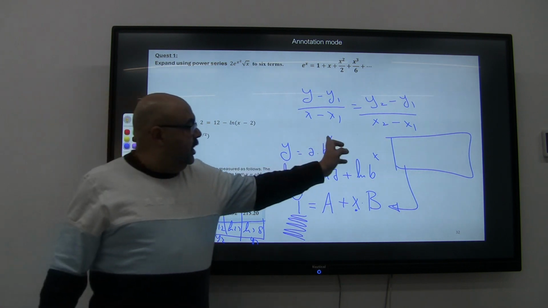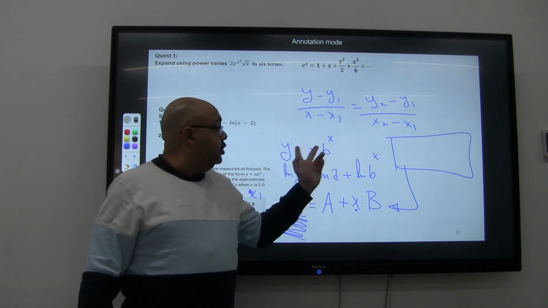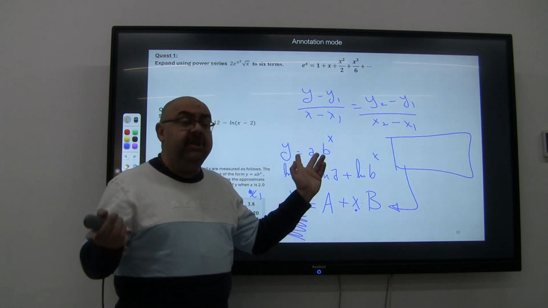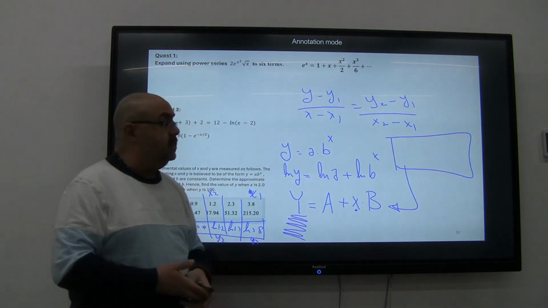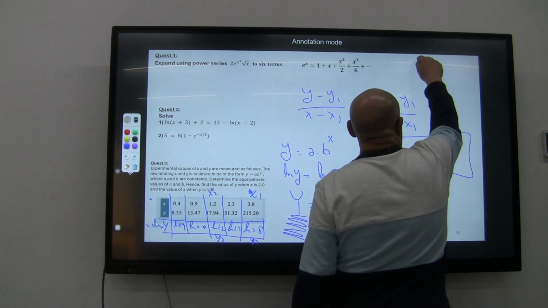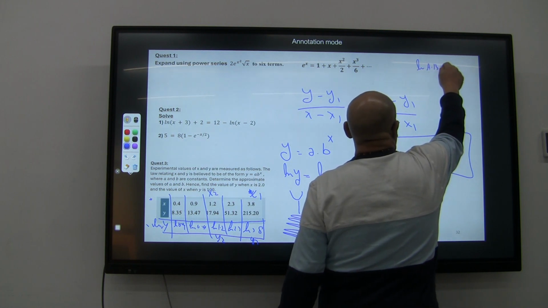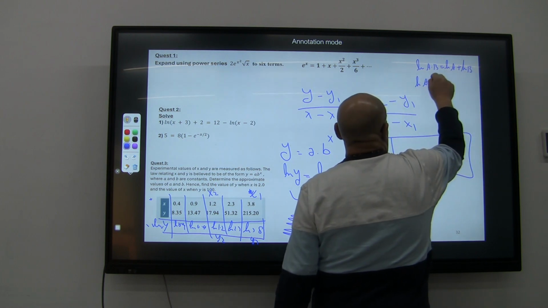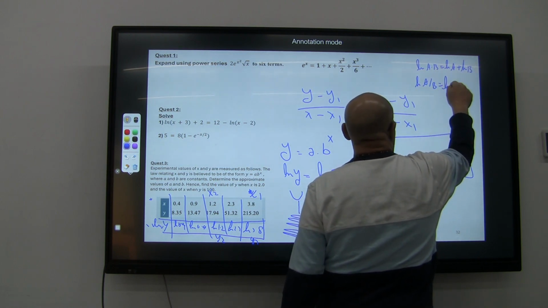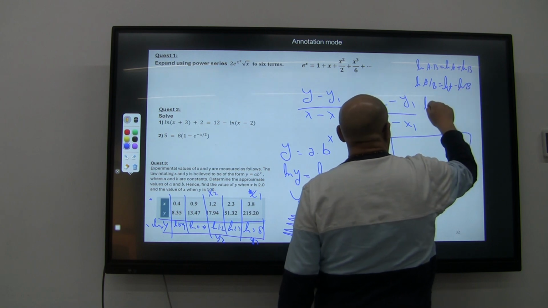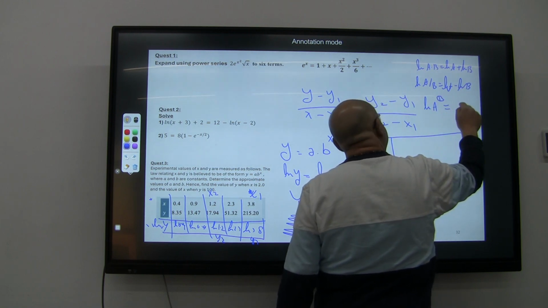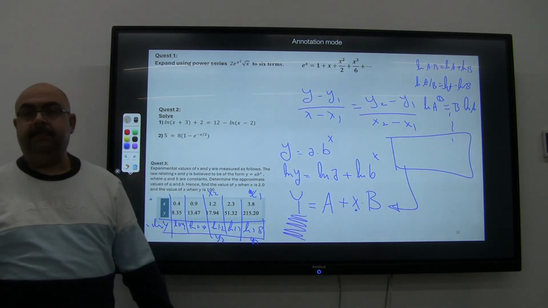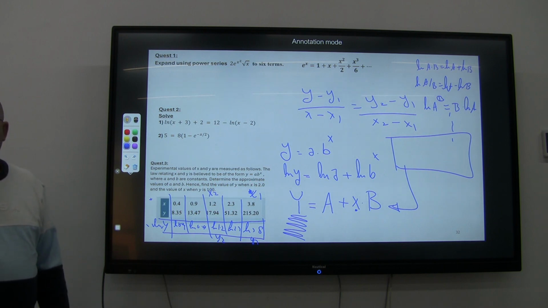You take the logarithmic function for both sides, and take advantage of the logarithm rules, which are very simple if you remember. ln of a times b is going to be ln a plus ln b. ln of a over b is going to be ln a minus ln b. ln of a to the power of b is going to be b times ln a, and so on. You'll find all of this in your lecture. How do you know that ln y equals ln a plus ln b is correct?